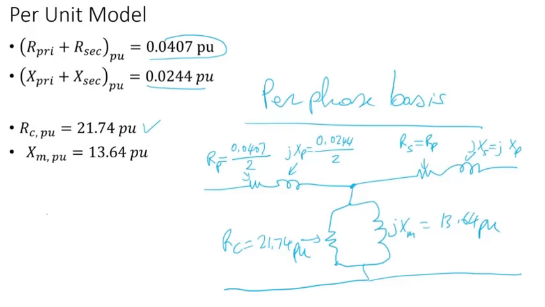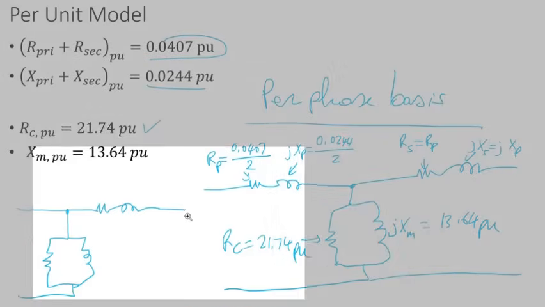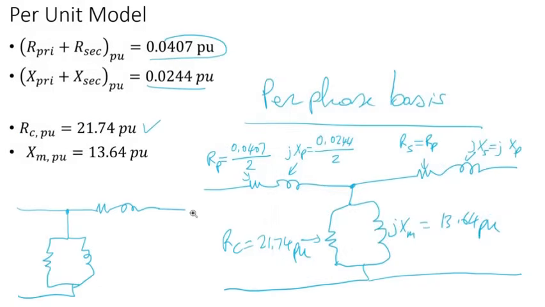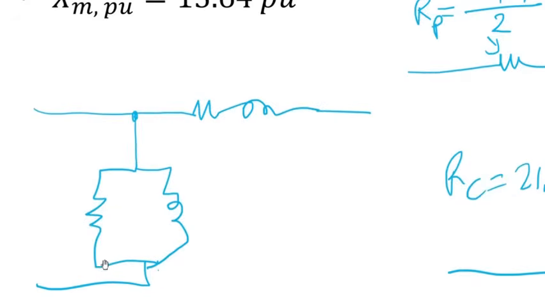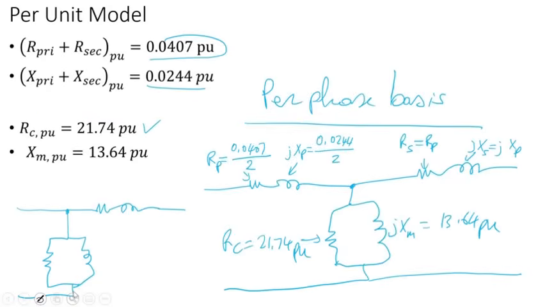Another model, which is an approximate model, you can just do something like this. Like anything else, you need to know what you're assuming and how your assumption might affect your results.